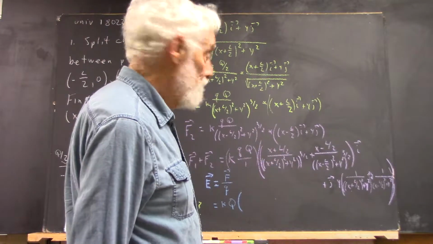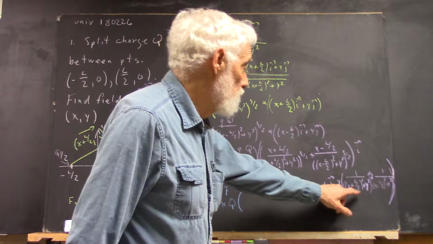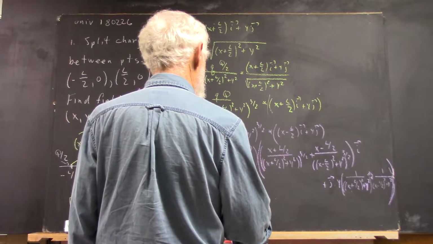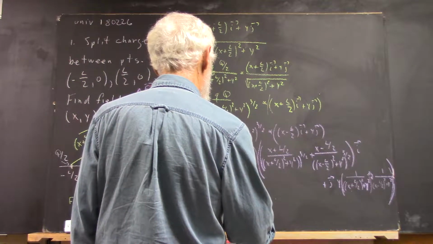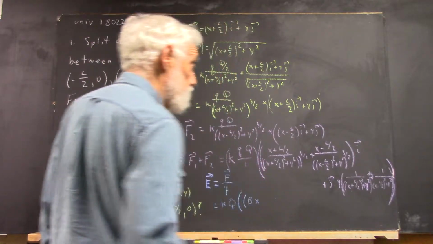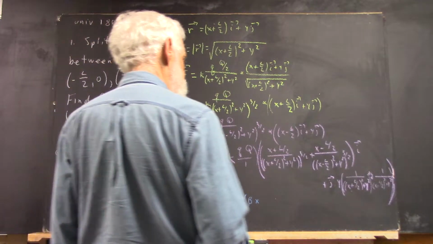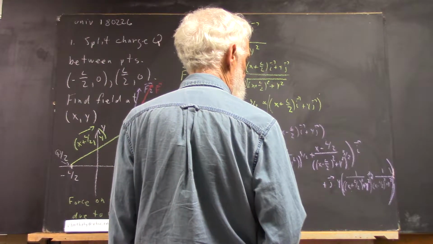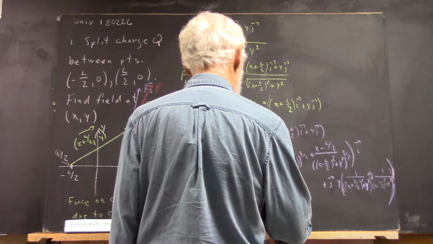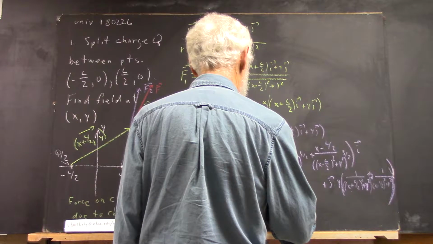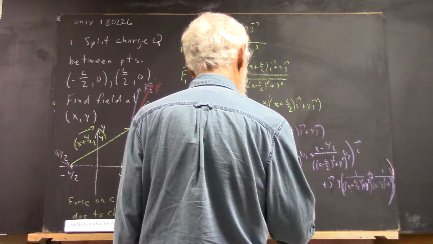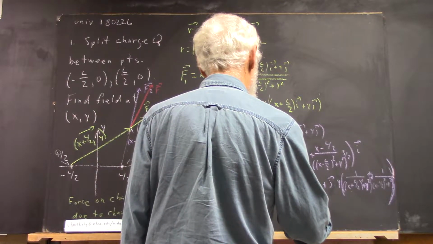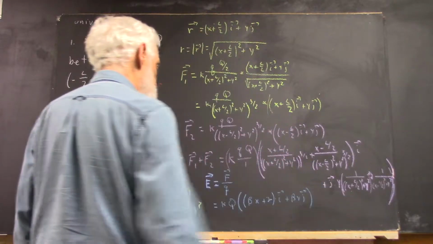I'm going to call it beta, for this expression, this plus this. So it's beta x i plus gamma... plus beta y j.